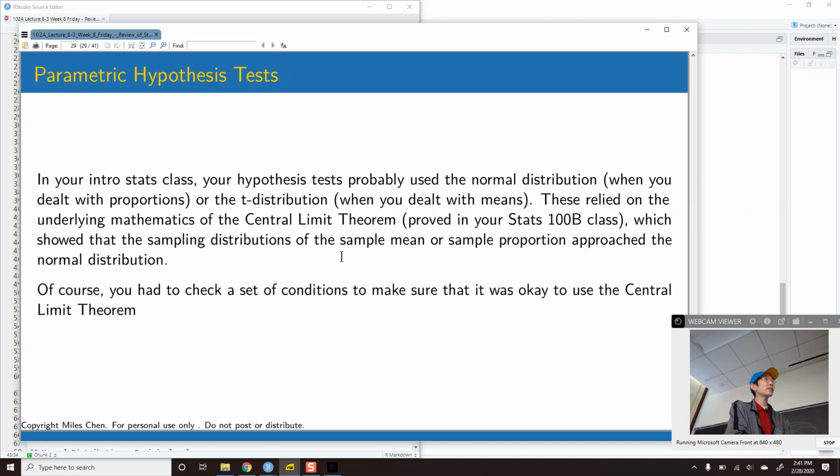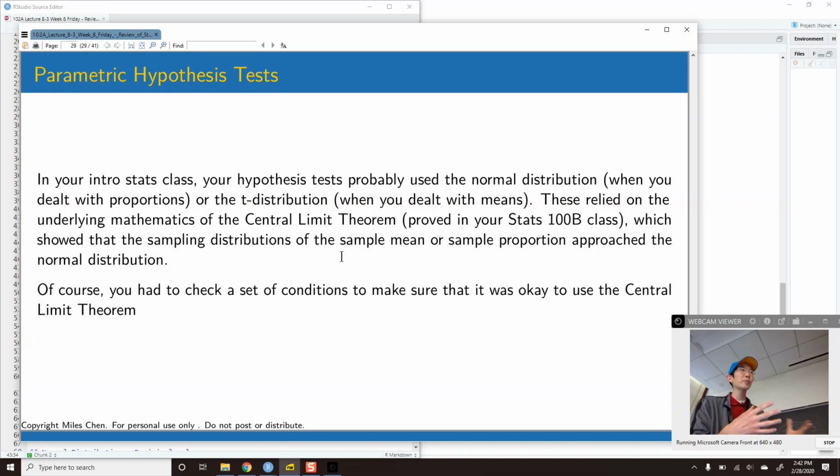All of that stuff in your intro stats class was under what we call parametric hypothesis tests, because it relies on the central limit theorem. It relies on this distribution, either the normal distribution or t-distribution, which is parameterized, which has a mean, standard deviation, degrees of freedom, stuff like that.